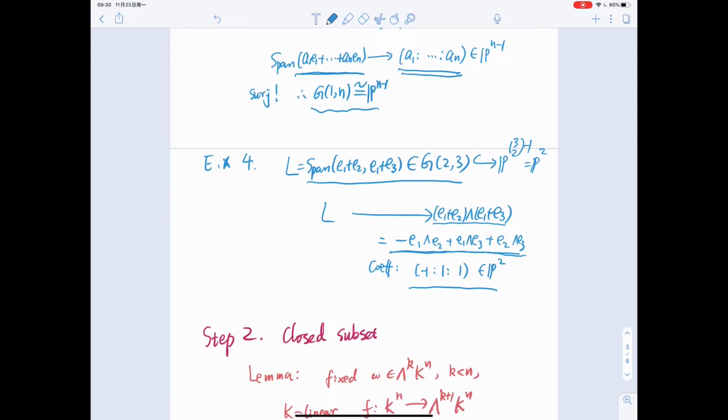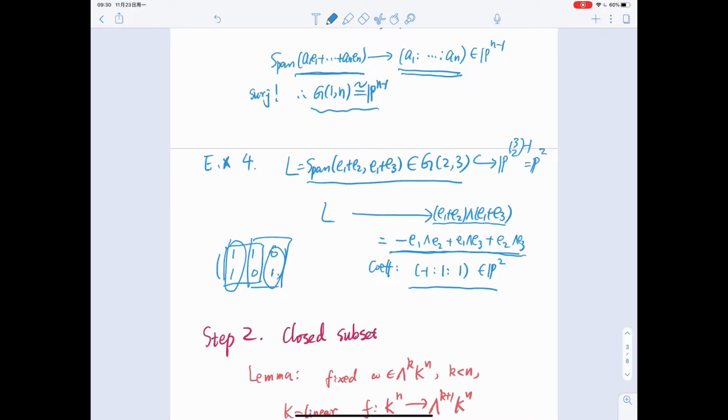Alternatively, these are the three maximal minors of the matrix with rows (1, 1, 0) and (1, 0, 1), which means that the three maximal minors are this, and this.